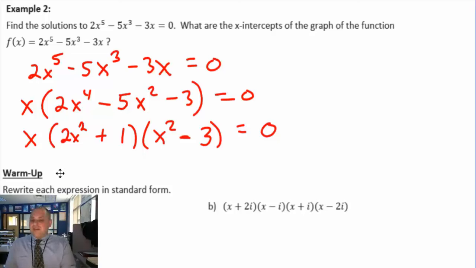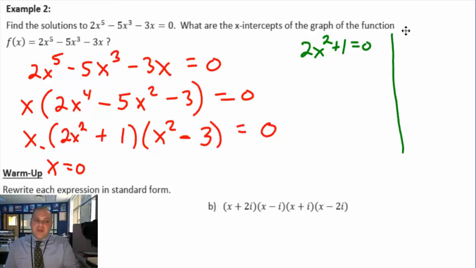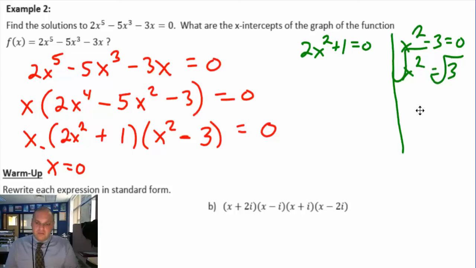All right, so x equals 0. x equals 0, that's that. Then we have to do 2x squared plus 1 equals 0. And we have to do x squared minus 3 equals 0. That's the easy one. x squared equals 3. Take the square root. Did I mess up?